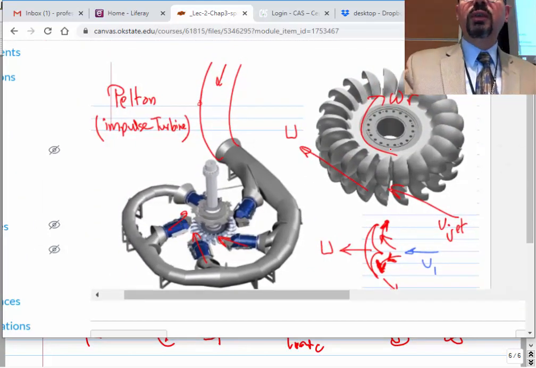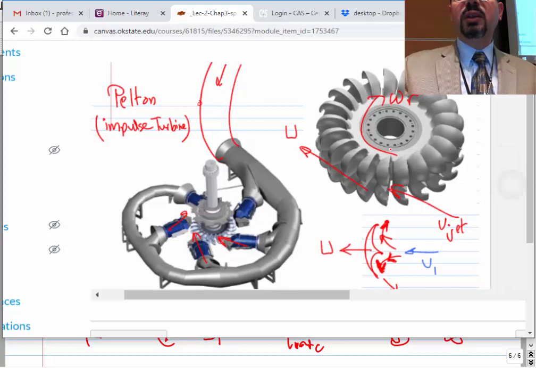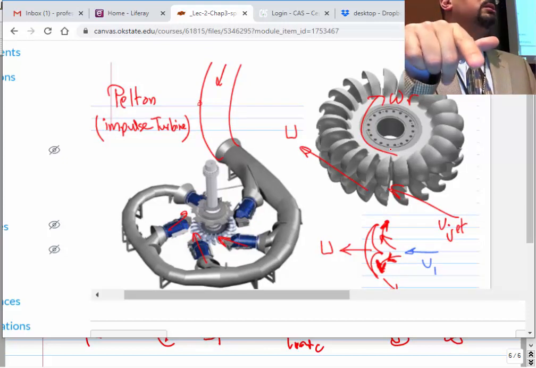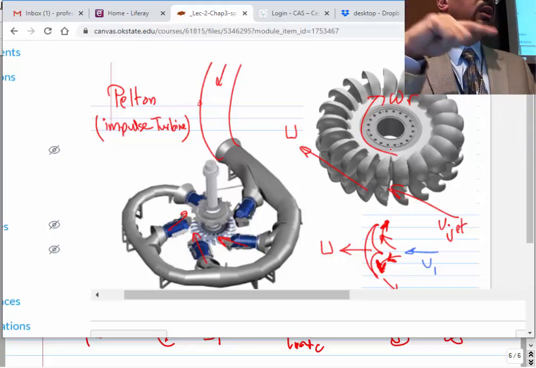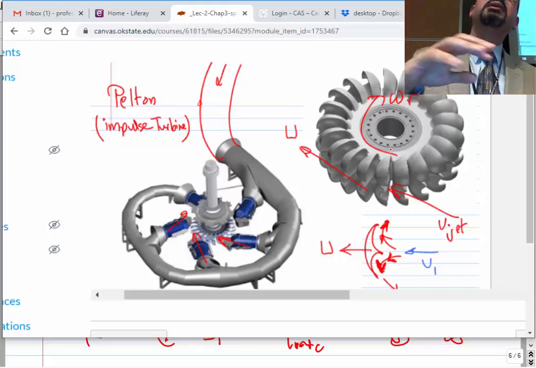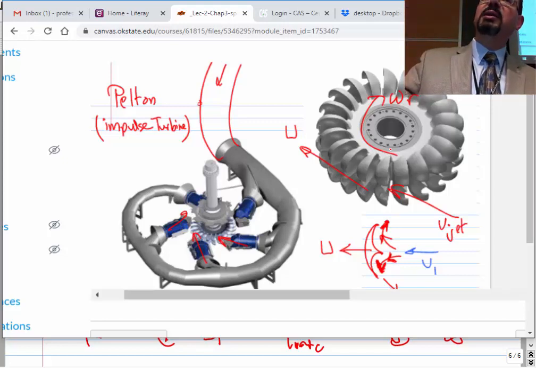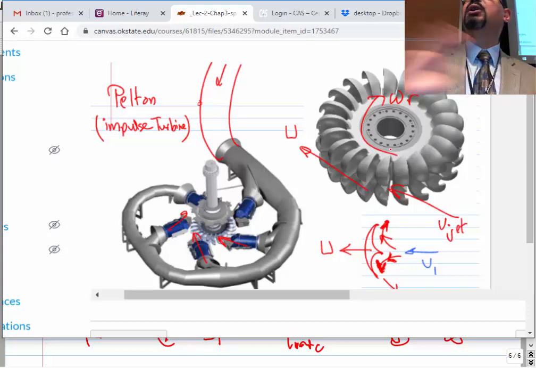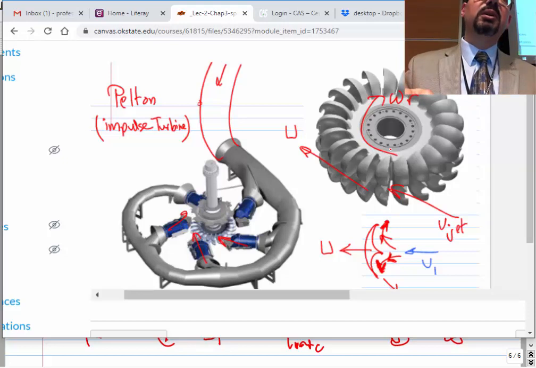So all those are basically three different kinds, huh? And they call it an impulse turbine. You remember reaction and impulse from last week? And we said what's a reaction turbine? A turbine where the pressure drops a little bit in the stator and a little bit in the rotor. And if all the pressure drop is only in the stator, it's called an impulse turbine.